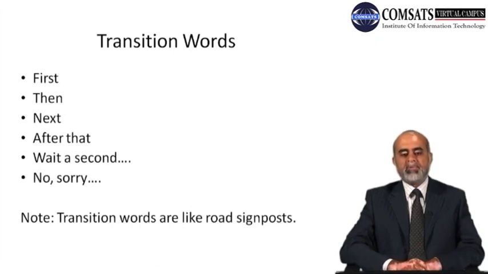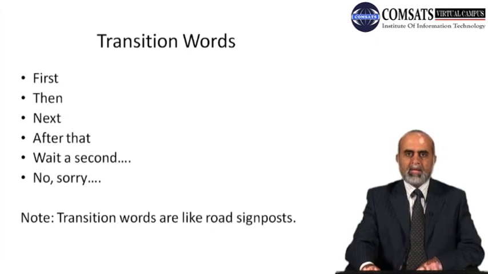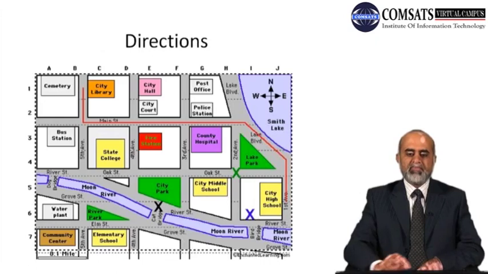And if the speaker says some other words like wait a second, no, sorry, this means that whatever information you have processed so far, you need to revise it because probably the speaker made a mistake and he wants you to revise it. So we need to look at these transition words, and these transition words will really help us in forming clear directions, and they will help us in following the directions as well. So don't consider them as simple. Transition words are really very important.